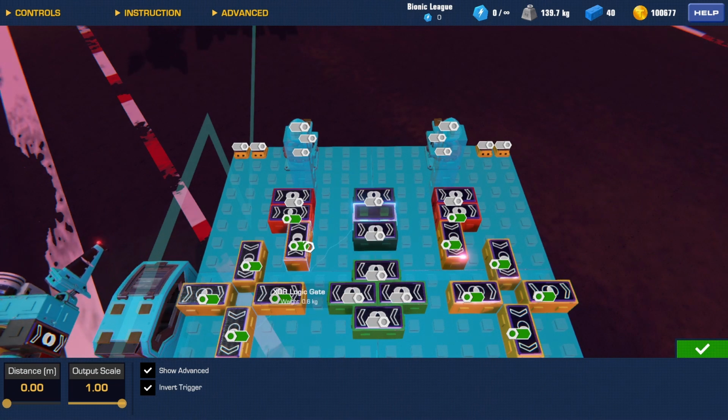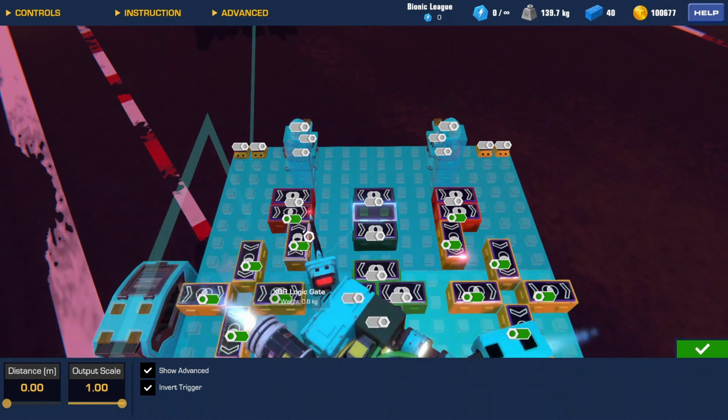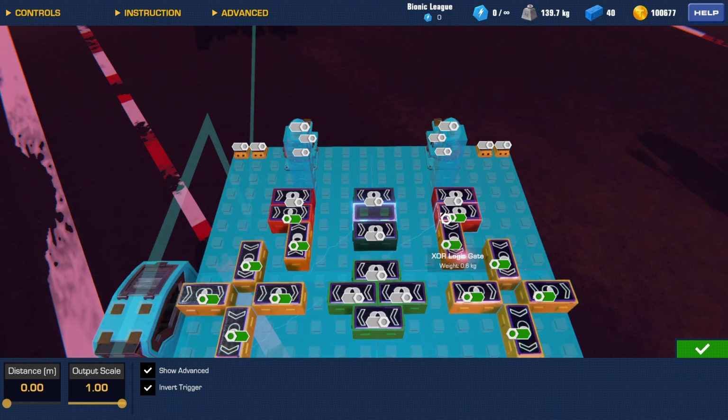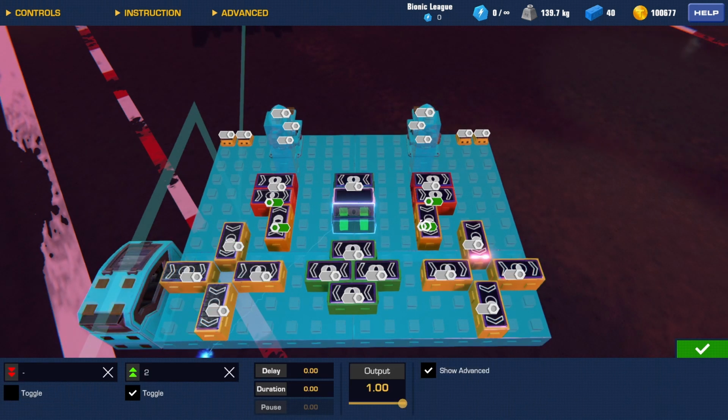Instead, if the distance sensor that is always on and the XOR gate with output 2 are both giving outputs, then the AND gates are going to be the ones giving an output and therefore activating the other part of the system.